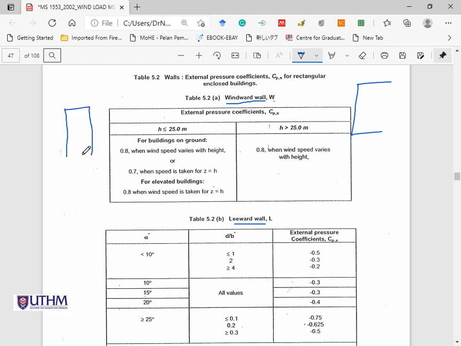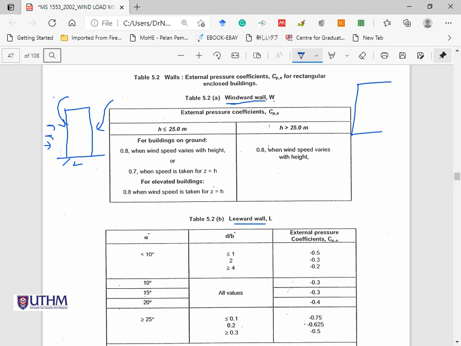So this is the building, and the wind comes from this direction. Thus here is the windward wall, and here is the leeward wall.